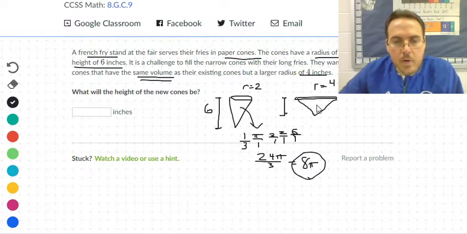And what they're saying in this problem is that we want this one to have the same volume. So the volume is 8 pi, we just don't know what the height is. So this is where that undo math is going to happen.